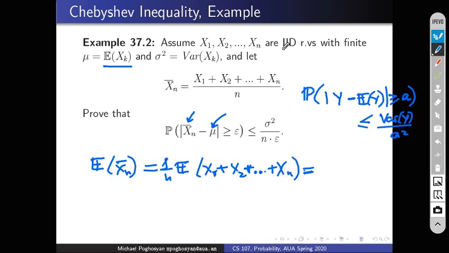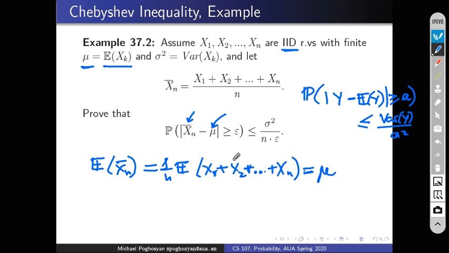Because they are identically distributed, the expectation of each random variable will be the same, so all expectations will be mu. So I will have n times mu over n, and finally this is mu. So this is exactly the expected value of X̄n.